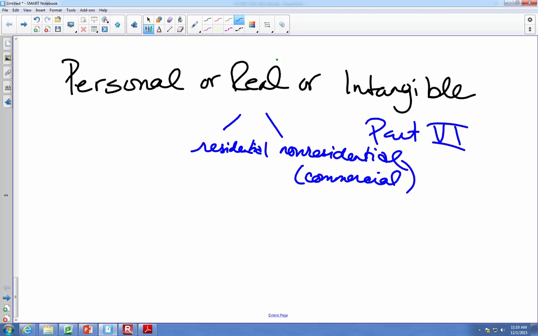Residential real estate means that at least 80% of the units are occupied by individuals.